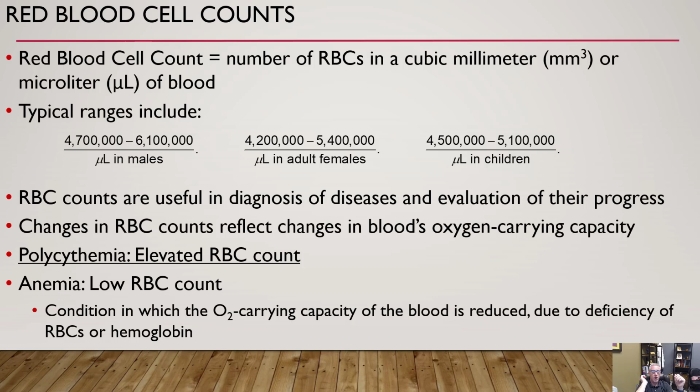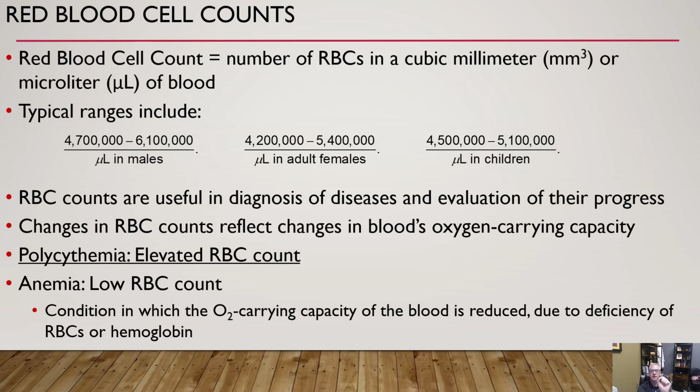Now, what happens if let's say that we have a normal red blood cell count, but we have altered hemoglobin? That would also reduce our oxygen carrying capacity.